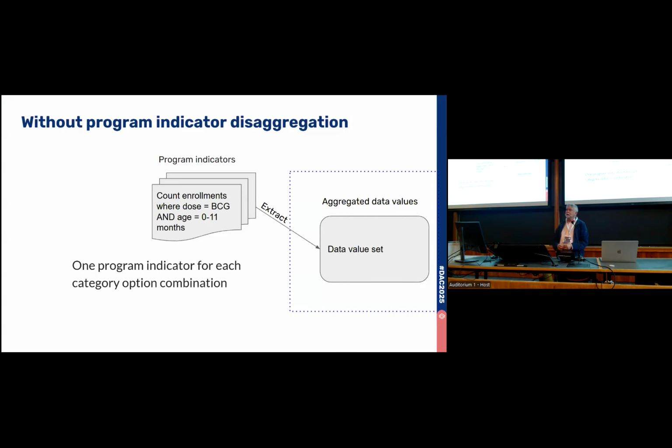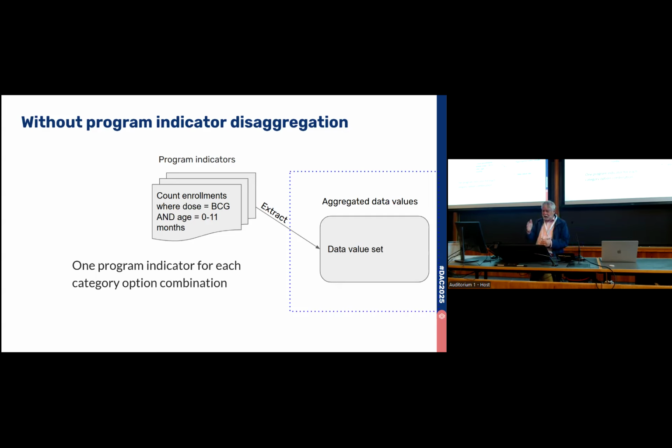I'll go back to an excerpt from a slide that you just saw, where we have program indicators, and as Olav was saying, sometimes you have dozens or even hundreds of program indicators, depending on how many disaggregations you need and how many basic program indicator logic variants you need.